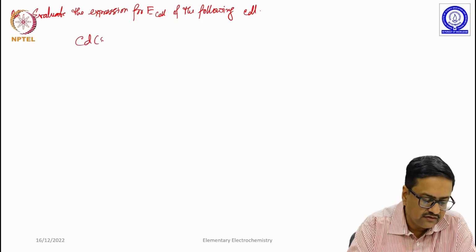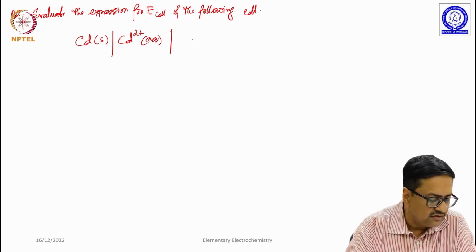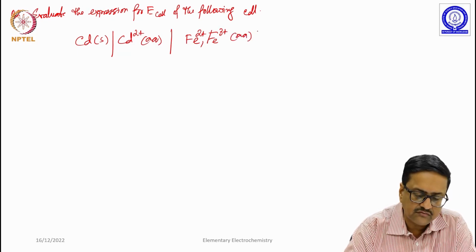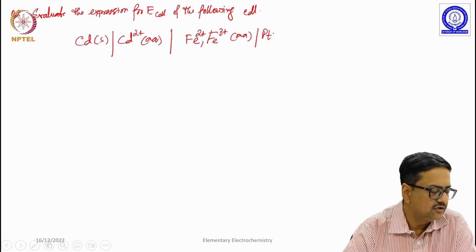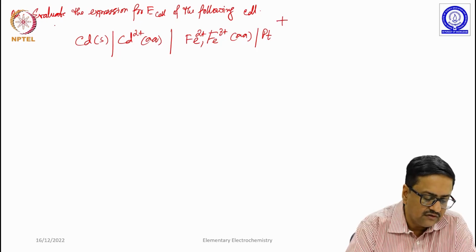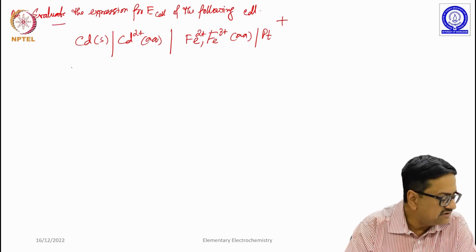Cadmium solid is in equilibrium with cadmium 2 plus in aqueous medium, in connection with Fe2 plus, Fe3 plus in aqueous medium with platinum as electrode. Here the right side is the positive electrode and the left is negative.